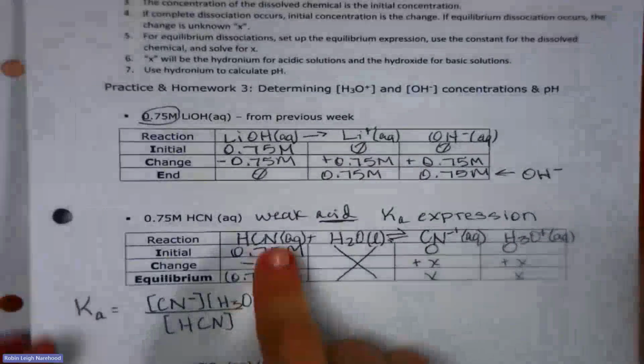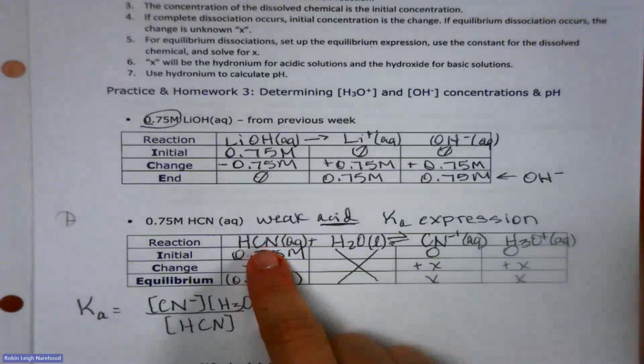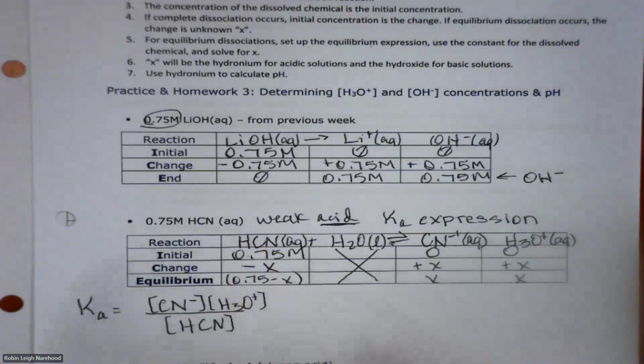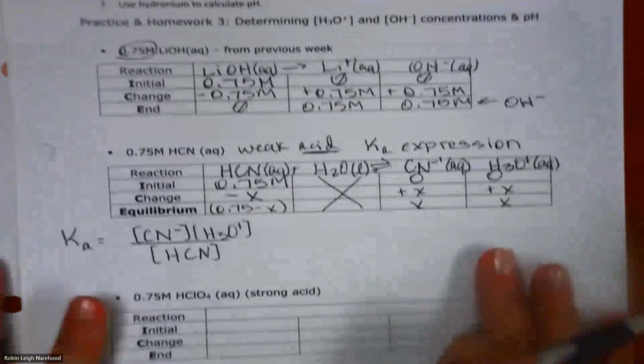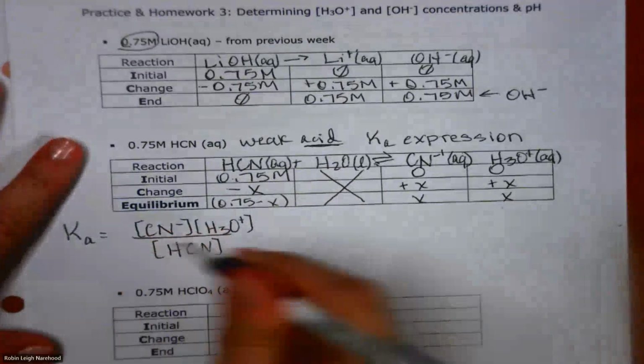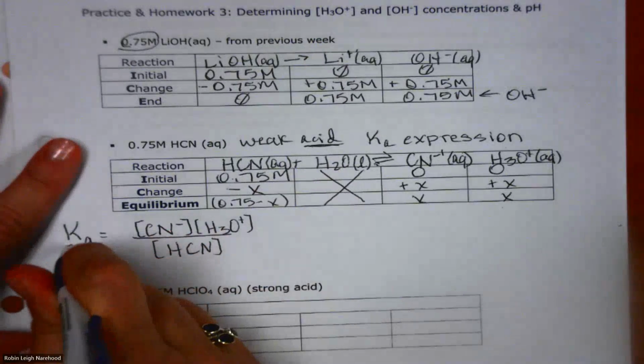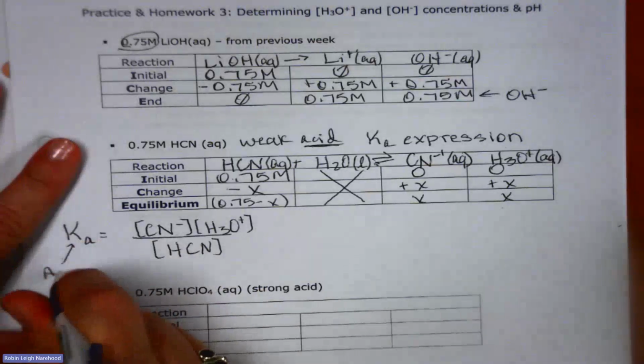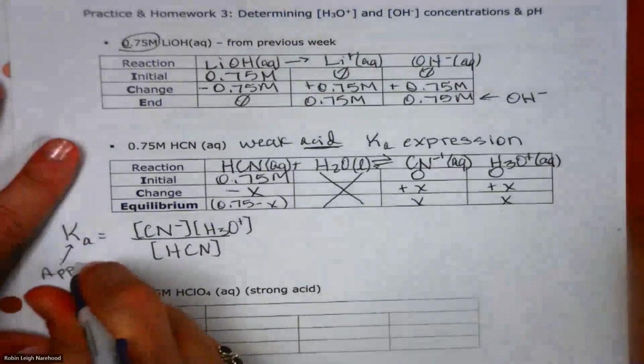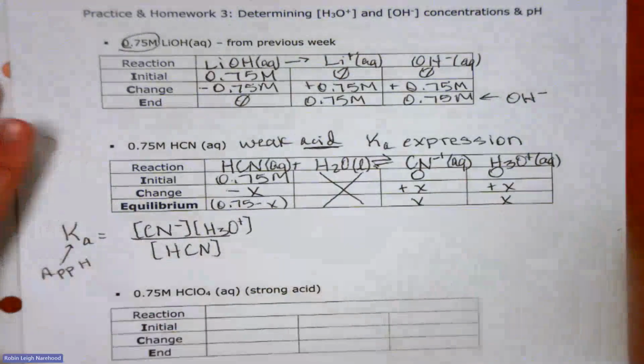Okay, so is HCN in the Ka chart? Should be. That's Appendix H.